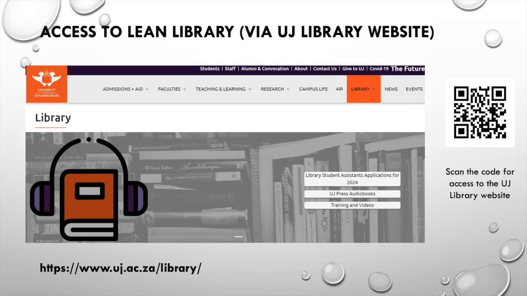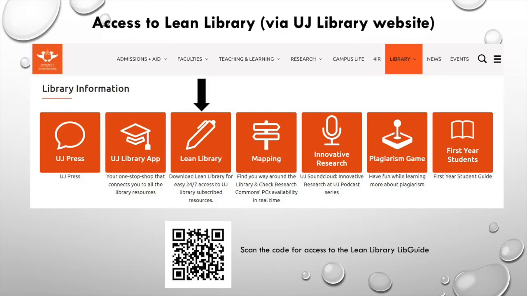First, let's access the UJ Lean Library LibGuide. Go to the University of Johannesburg Library website, www.uj.ac.za/library. Scroll down the page and click on the Lean Library icon. You will be taken to the UJ Library LibGuide.